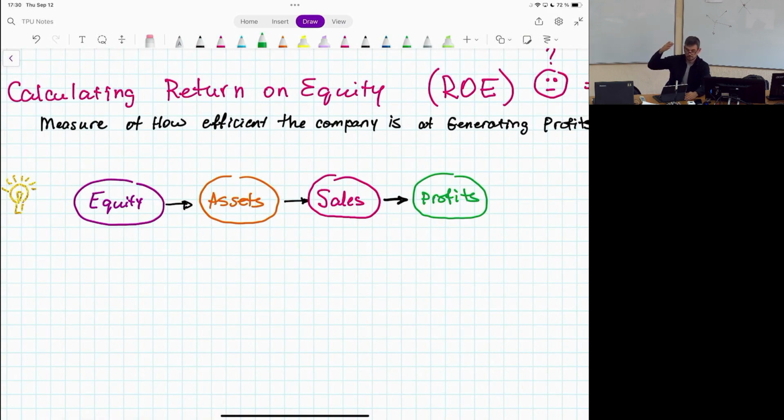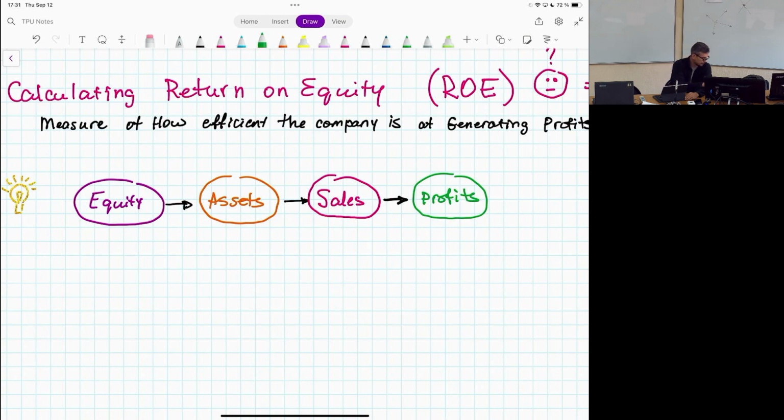So find the capital, invest it in the assets, produce goods and sell them, generate sales, make profits. Okay? So we have the following stages here: capital acquiring, investment in assets, production and sales, and profits.